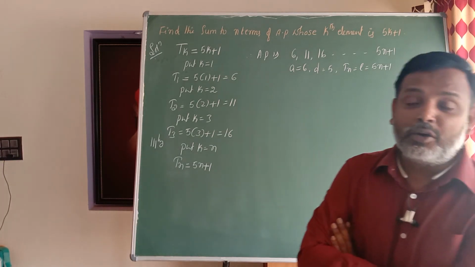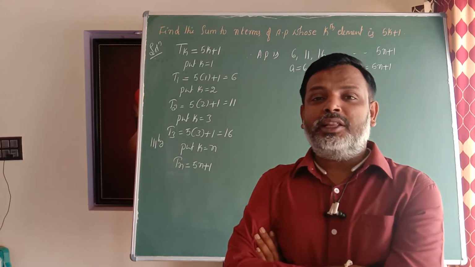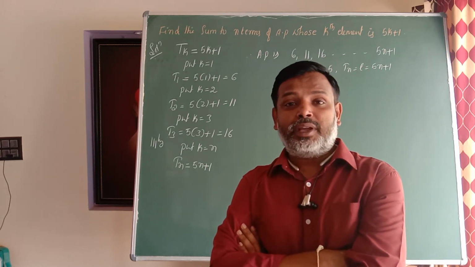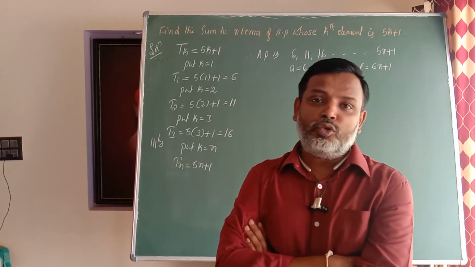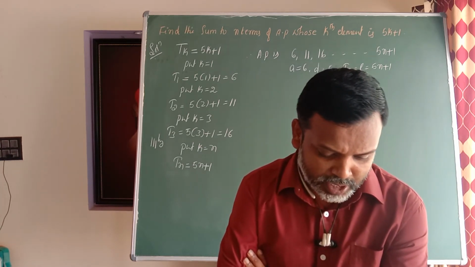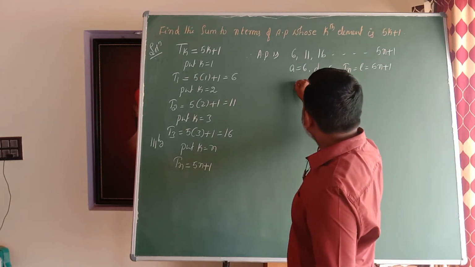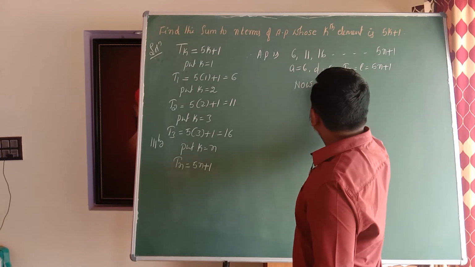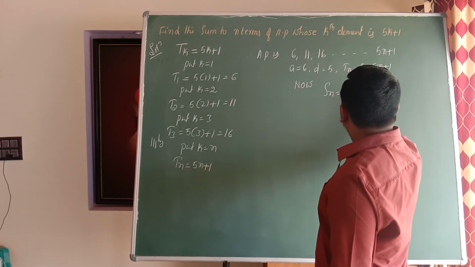So our intention is to find the sum. To find the sum, either you can use Sn is equal to n by 2 into a plus l, or Sn is equal to n by 2 into 2a plus n minus 1 into d. It is up to you, but the simple one we wish to use now is Sn is equal to n by 2 into a plus l.